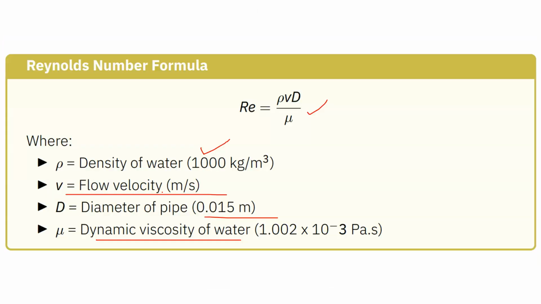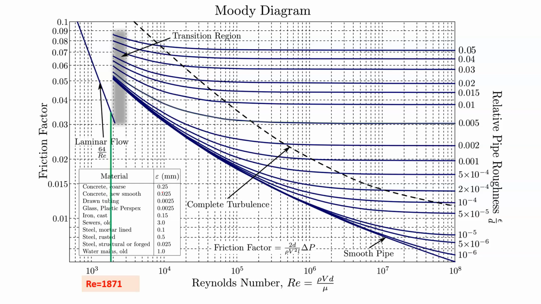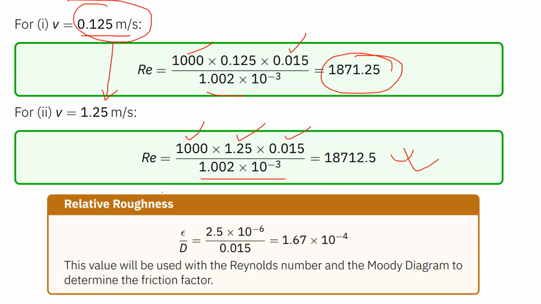Now we have to find the ratio, the relative roughness epsilon by D. Epsilon is 2.5 into 10 to the power minus 6, because that epsilon is 0.000025 mm. We have to convert into meter, and D is 0.015 meter. So we'll get 1.67 into 10 to the power minus 4. Now we will use this value and the Reynolds number to find the friction factor.